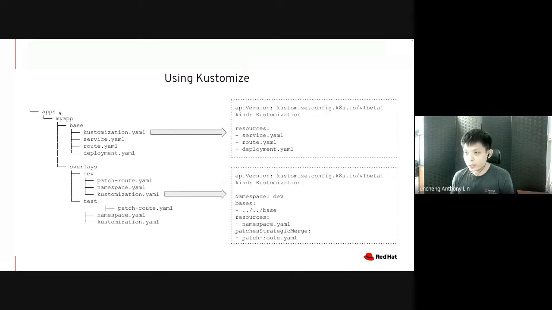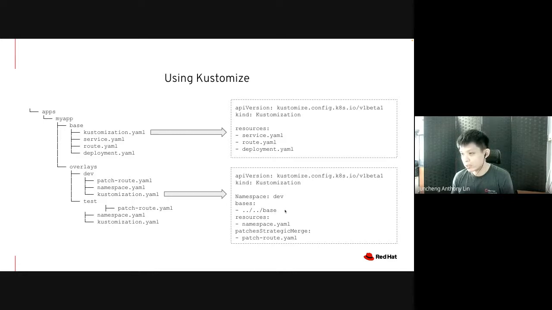If you were to look at it, an example could be something like this. You have a base where you have defined the kustomization.yaml and you specify the resources. The resources we have over here will be things like service, route, and deployment. You can see the kind itself is Kustomization, and this is the associated API version. Then for the overlay purposes, we have the dev and the test, similar to the kind of environments we are talking about, where we will have some things associated with what we want to override when it comes to the base itself.